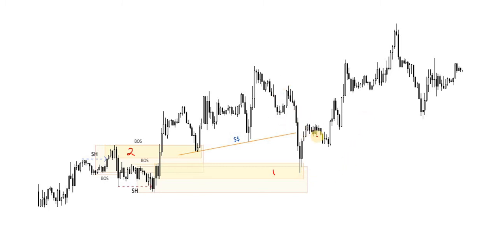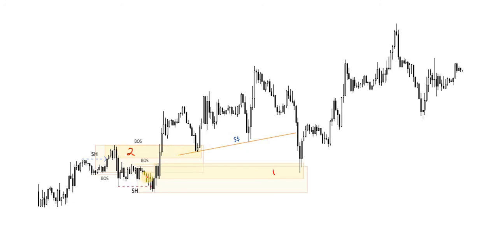So it is much safer to actually wait for price to react from this zone that has been refined from the first point of interest. In most cases, it is much safer. Okay, I hope that you understand what I'm trying to say.